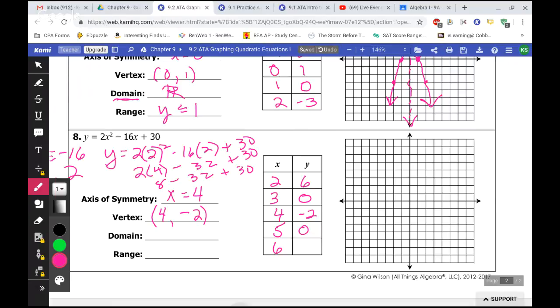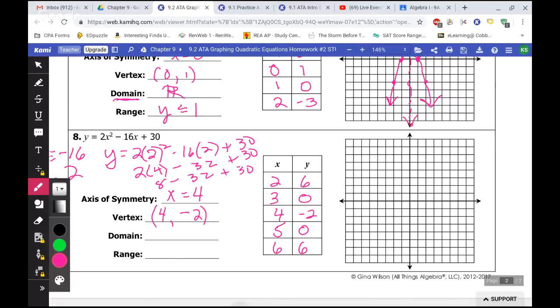All right, what other answer is going to give me a 6? What other x coordinate is going to give me an answer of 6? Are you there, Grayson? Yeah. 6. Yes.